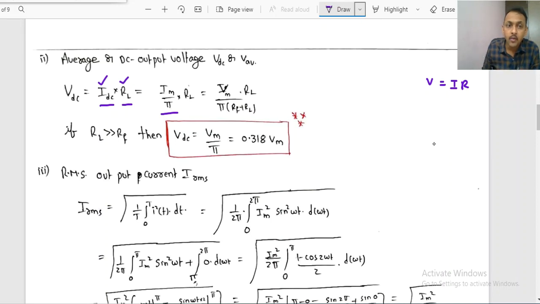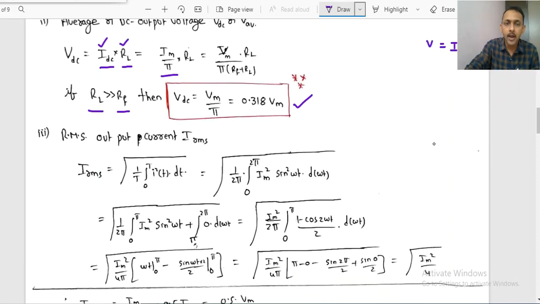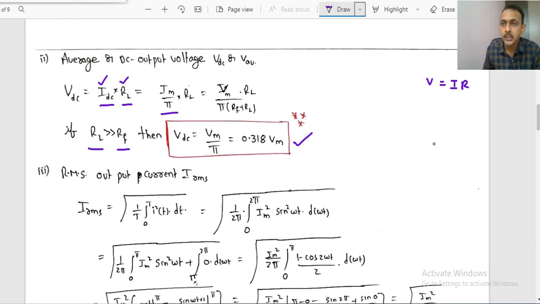Again, if the load resistance is very high compared to the diode forward resistance, you can neglect Rf. So it is simply Vm by π times RL, and the RL gets cancelled, which is nothing but 0.318 times Vm. So this is the DC output voltage of a half-wave rectifier.